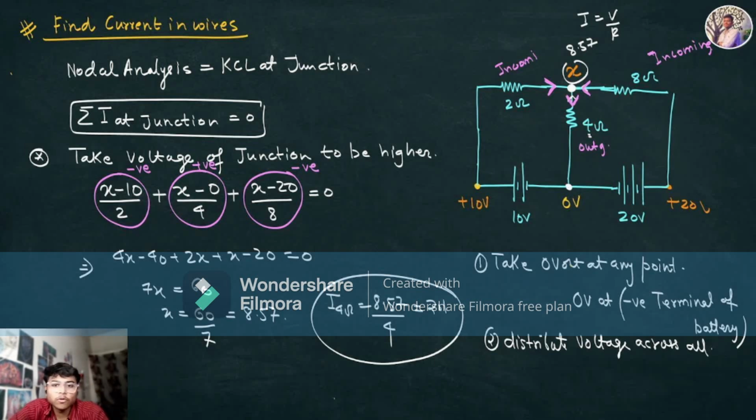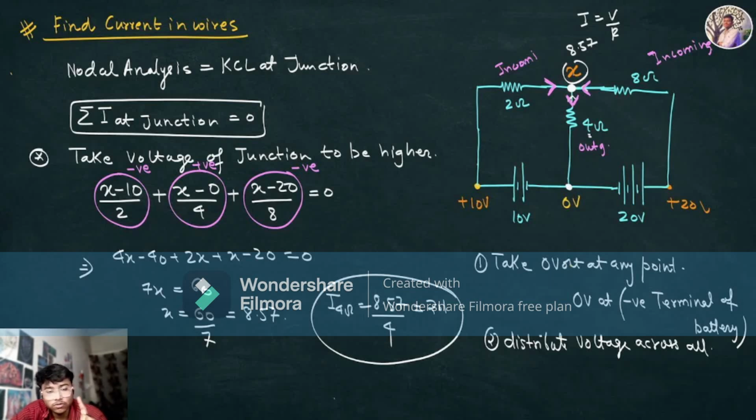The same formula is applied. It is a very important question, like how you solve nodal analysis. You have to take a node at a specific point, the middle point of all these circuits. So sigma I at this junction will be zero.